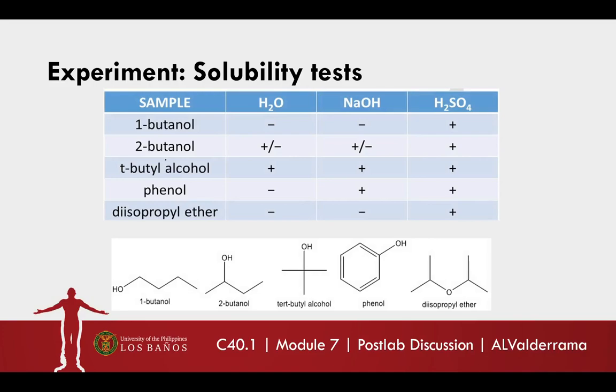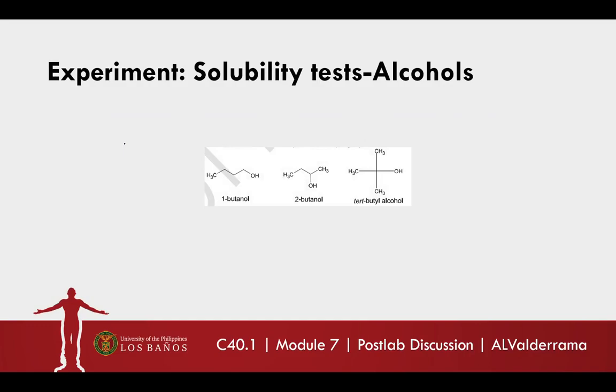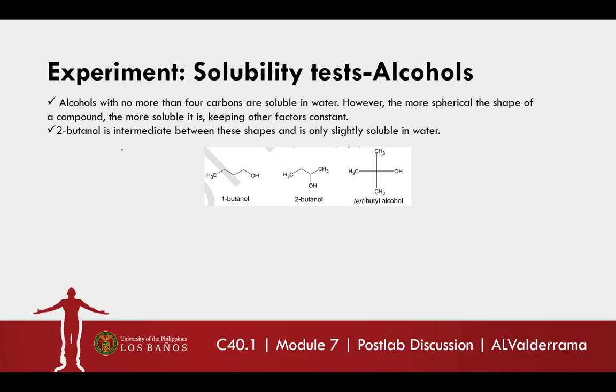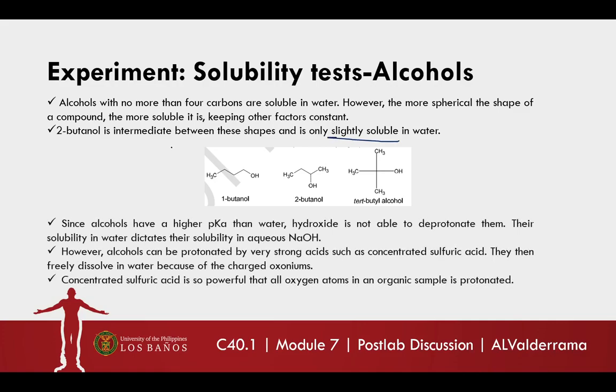Kasi basically, yung ating alcohol is partially soluble in water. But not completely. Okay? That's why medyo positive siya dito. Yung secondary alcohol yung tinutukoy ko. Okay? So, the solubility test. So, in here, we have your 2-butanol. Intermediate siya. That's why it became slightly soluble in water.